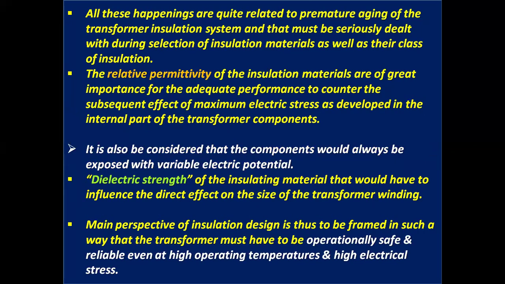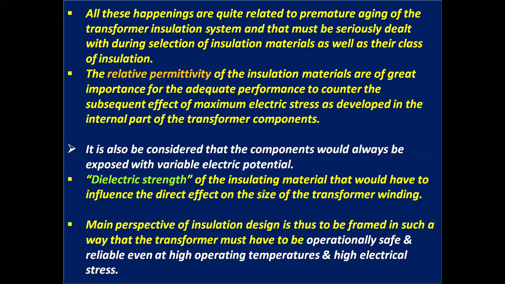All these happenings are quite related to premature aging of the transformer insulation system, and that must be seriously dealt with during selection of insulation materials as well as their class of insulation.